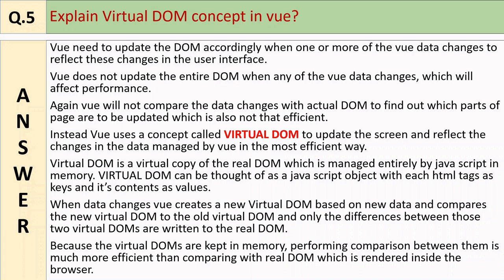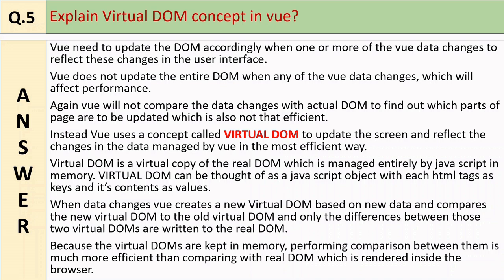Also, Vue will not compare the data changes with the actual DOM to find out which parts of the page are to be updated, which is also not efficient. Rather, Vue uses virtual DOM to update the screen and reflect the changes in the data managed by Vue in the most efficient way.